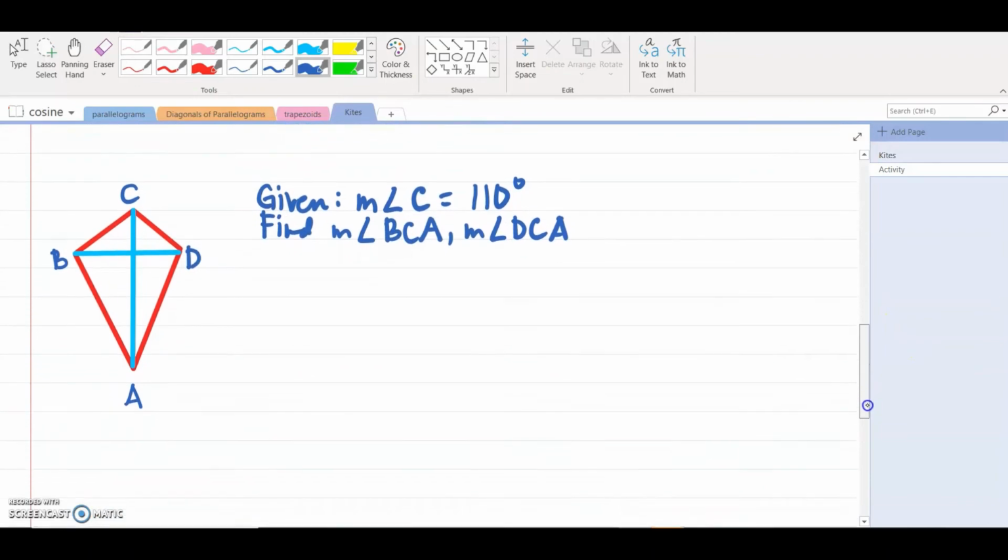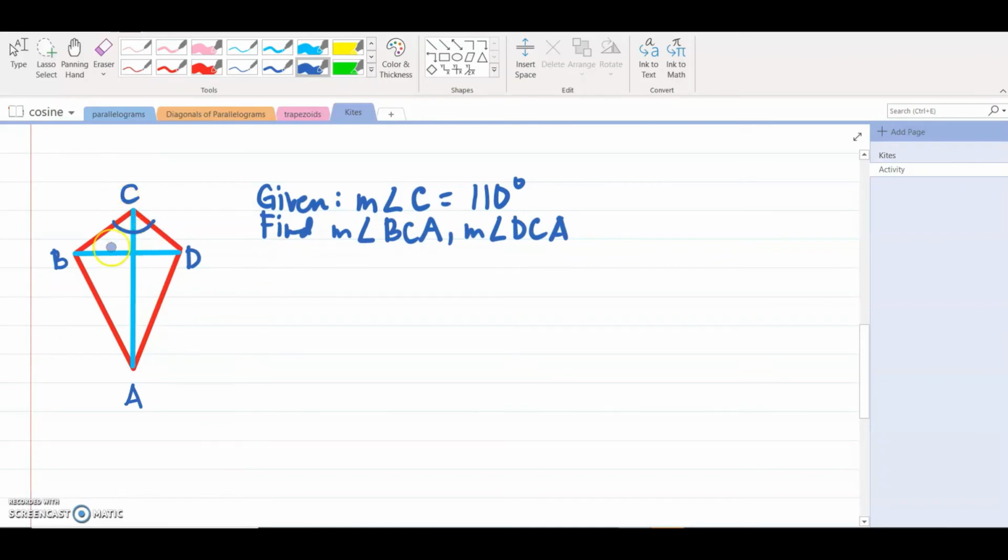Okay, next, we have the measure of angle C, which is 110 degrees. Find the measure of angles BCA and DCA. We know that in a kite, the diagonal bisects the angles, in this case, into two congruent measures.